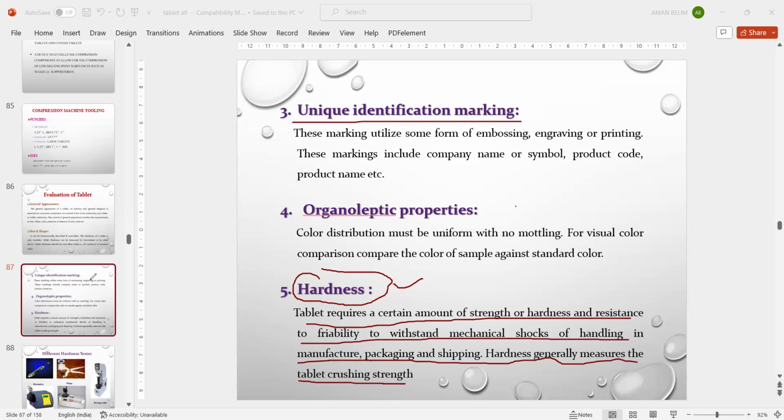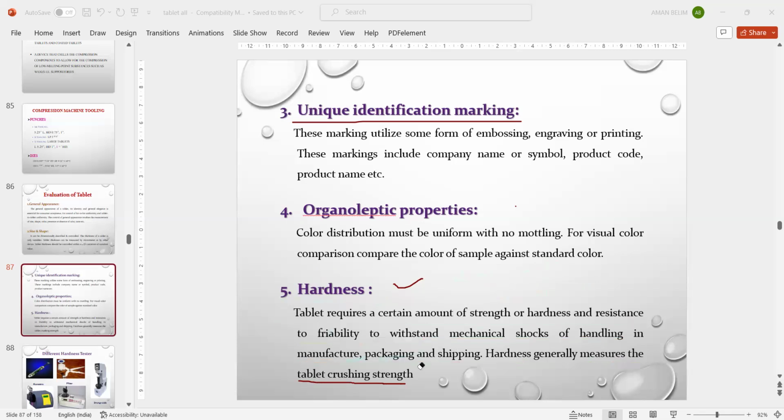So remember that it's 5 to 10 kilonewtons. This is the range in which tablets generally fall. Now we move towards the official test.